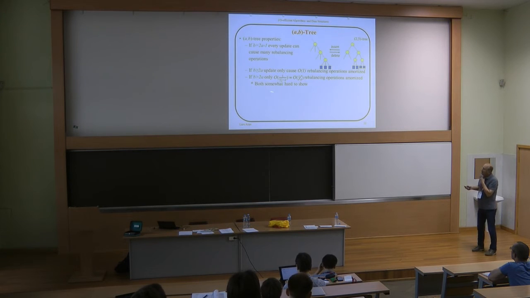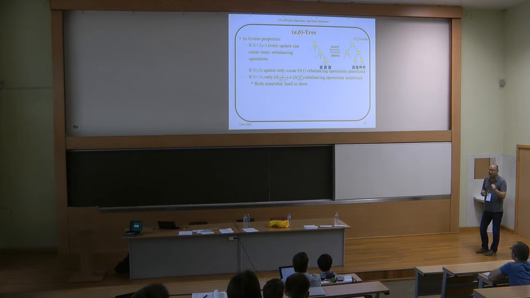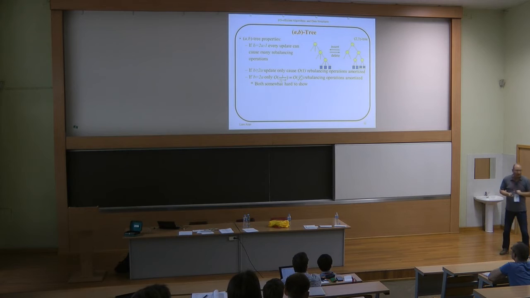This, as it says here, is somewhat hard to show. If I had 2 hours, I could. In fact, if you know about amortized analysis, which I hope you at least have heard about, then this paper that proves this was the first paper on amortized analysis that used the potential function technique.